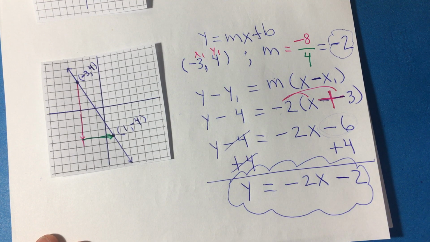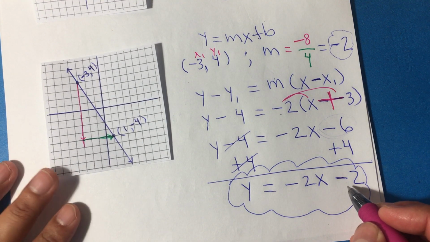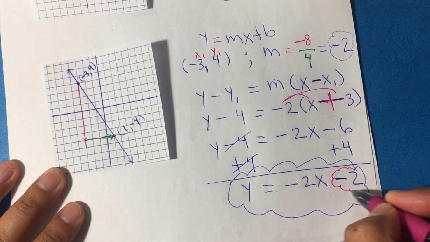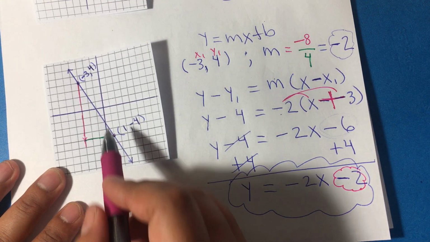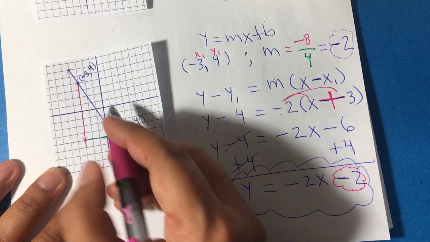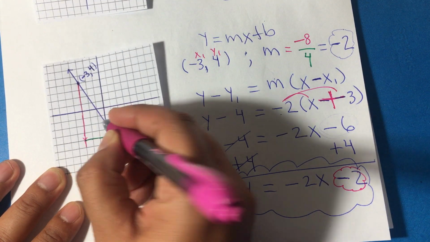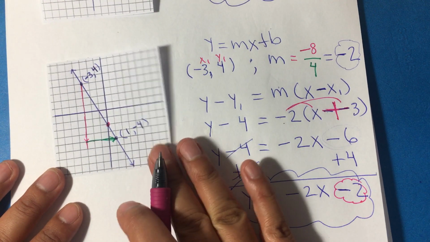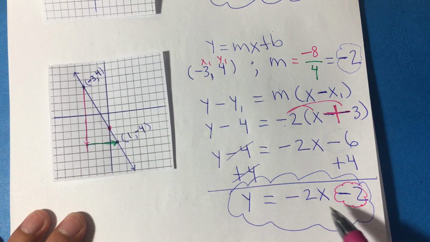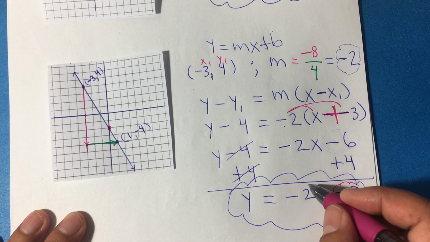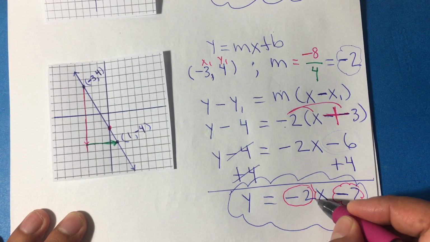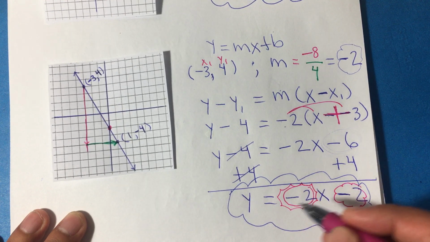Now let's compare it to our graph. This is my initial point, so it should be at -2 on y, so -1, -2 is right there. They didn't give it to us this time, like in the last lesson, but we can see it now. And the rise and run, this is the slope. It's negative.